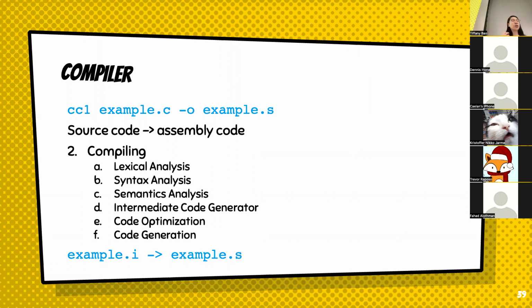You try to improve the code, maybe by improving performance or condensing its size, depending on the kind of optimization, such as constant propagation, etc. Finally, we generate the code, and here the code is assembly. If you take a compiler class, these 6 steps are majorly the things you will learn.